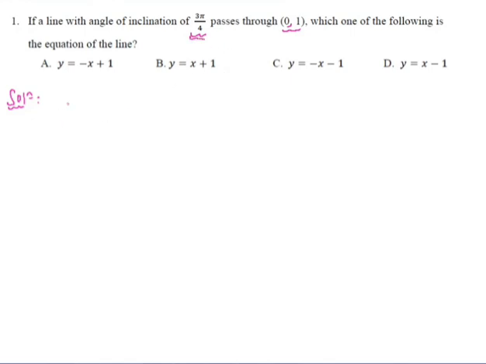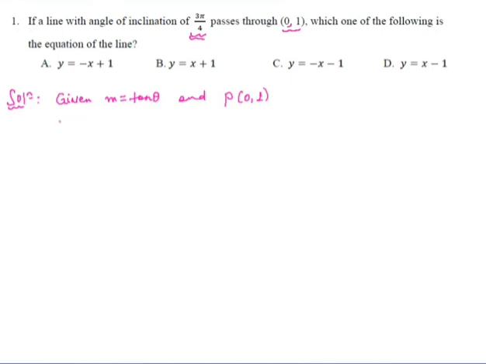The slope of a line can be expressed in terms of the inclination: m equals tan theta, and the line passes through the point (0, 1).